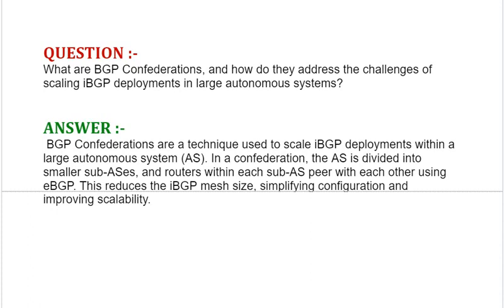In a confederation, the AS is divided into smaller sub-ASs and routers within each sub-AS peer with each other using eBGP. This reduces the IBGP mesh size, simplifying configuration and improving scalability.